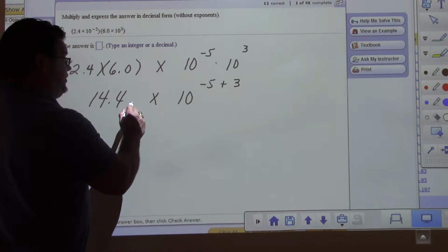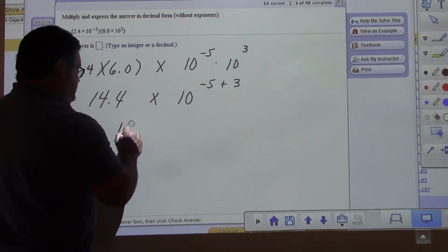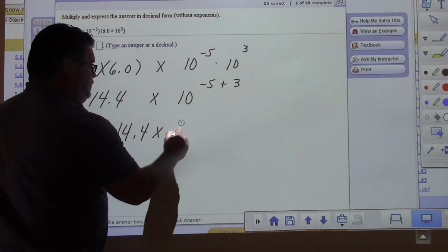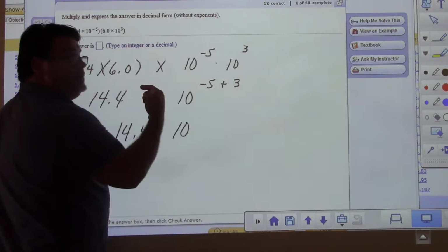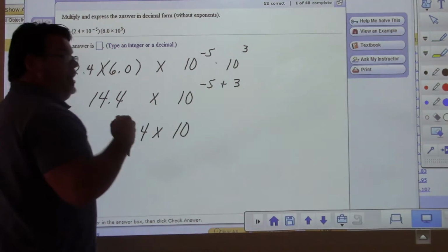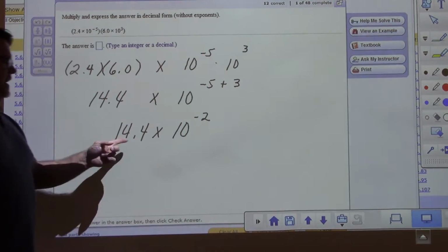So 14.4 times 10 to the negative 5 plus 3. What I mean is, some people can make this difficult. You owe $5, you have $3. Negative 2. There you go. Now, is this in scientific notation?